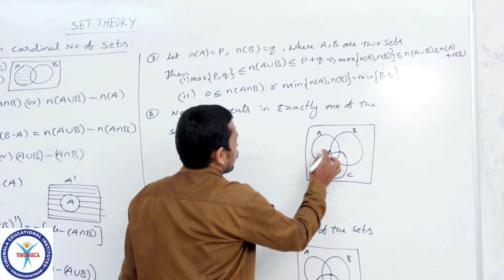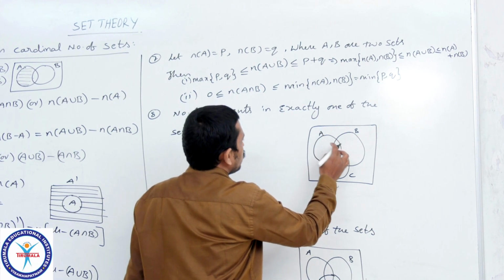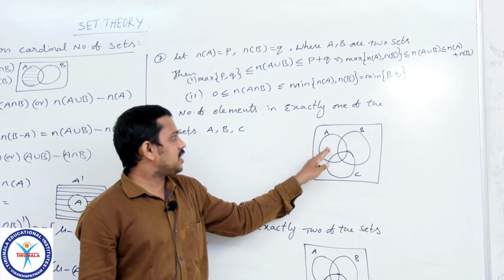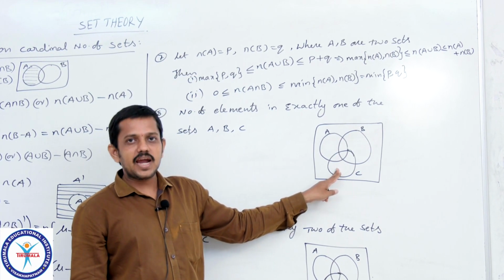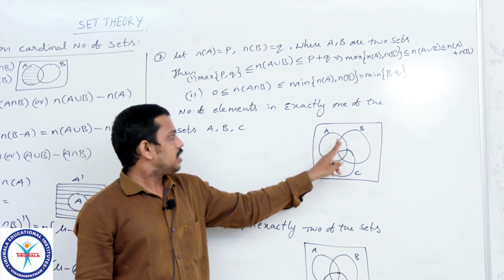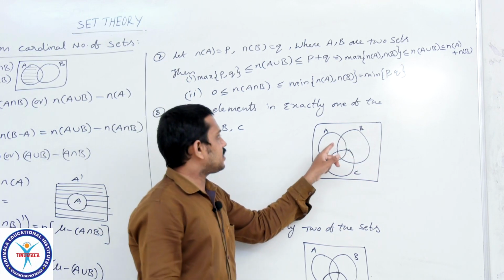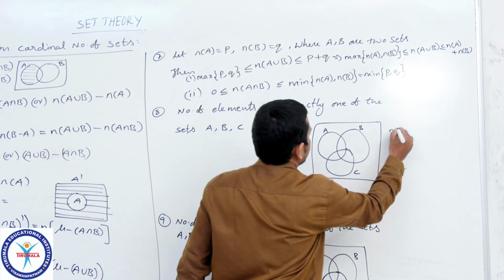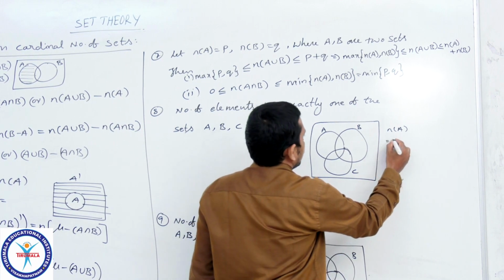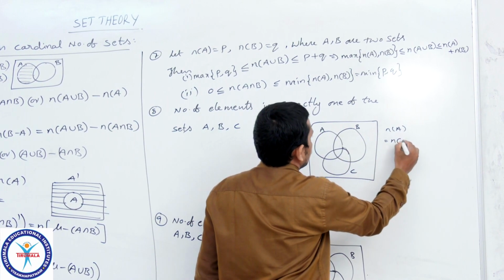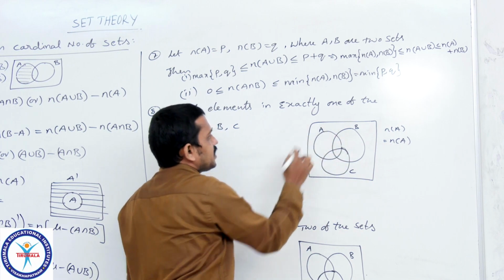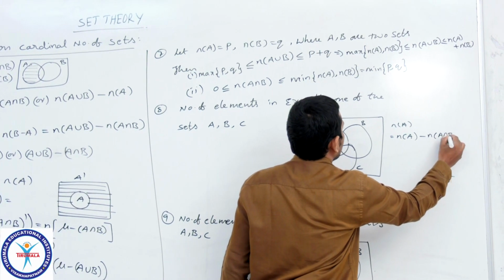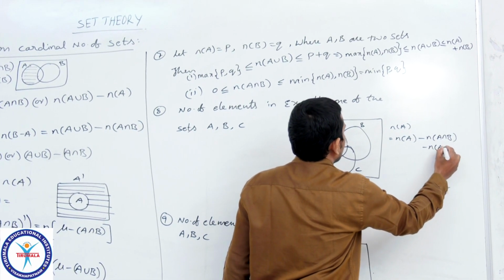For only A, we have to exclude the elements which are common to both A and B, and the elements which are common to both A and C. So, from the total elements in A, we have to exclude the elements which are common to A and B and the elements which are common to A and C.